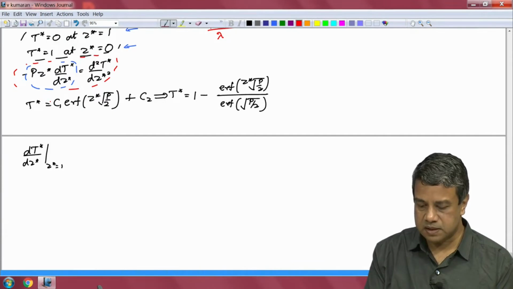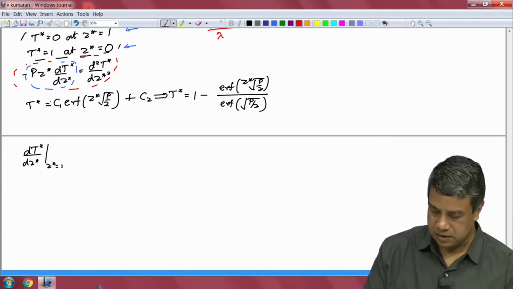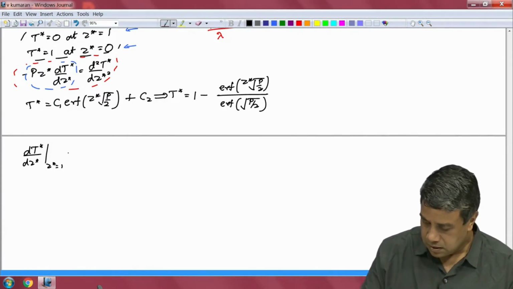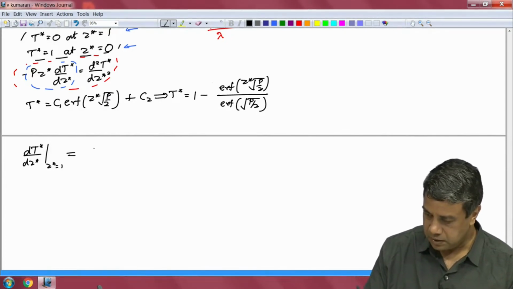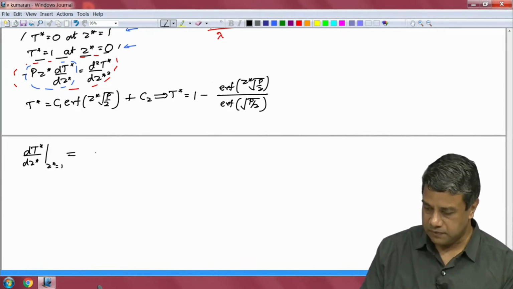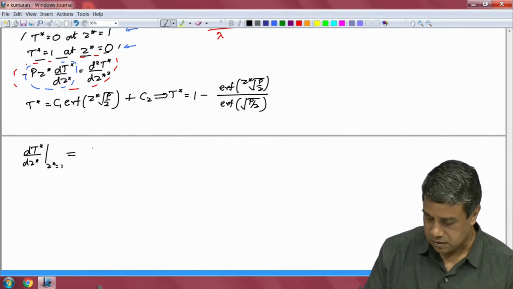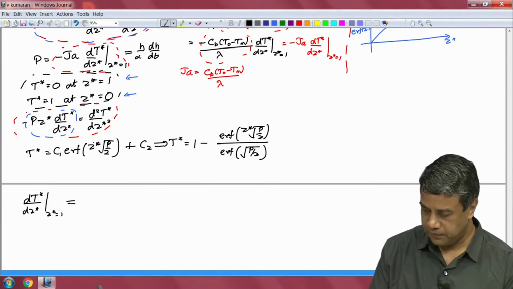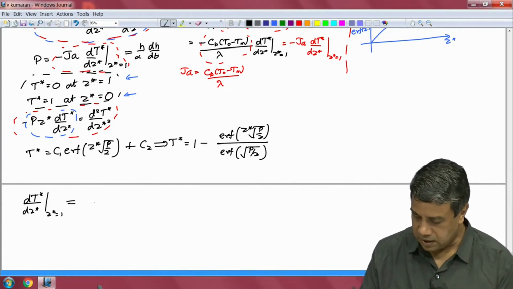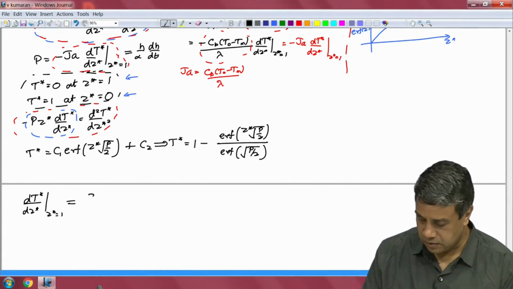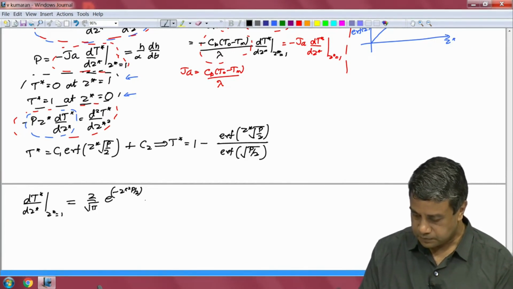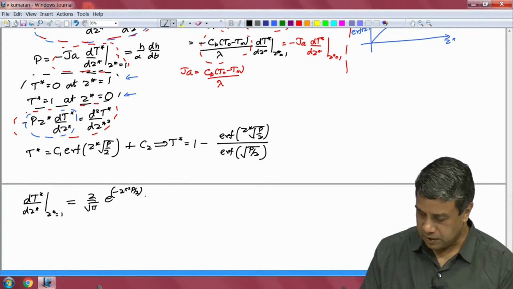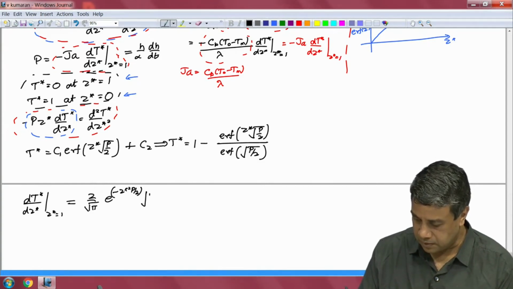So, let us evaluate what is the derivative at z star is equal to 1. The derivative of the error function is just, when I take the derivative of the error function, I will get 2 by root pi e power minus z star square p by 2, into I will get a factor of root p by 2.